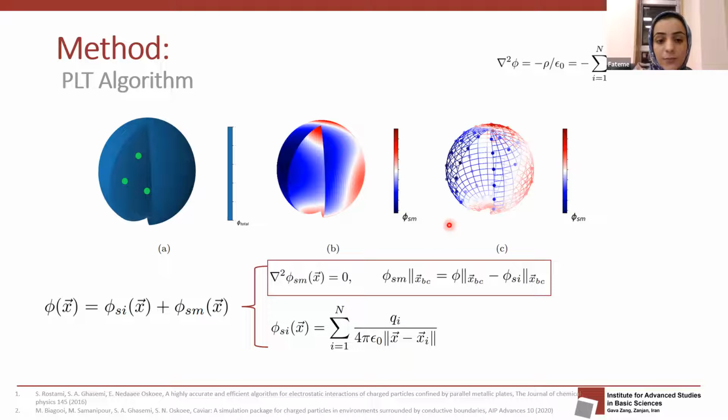And now we present a model that predicts the smooth potential, which could be calculated by the Laplace equation. So the physics law in our work is the Laplace equation and the modified boundary conditions.